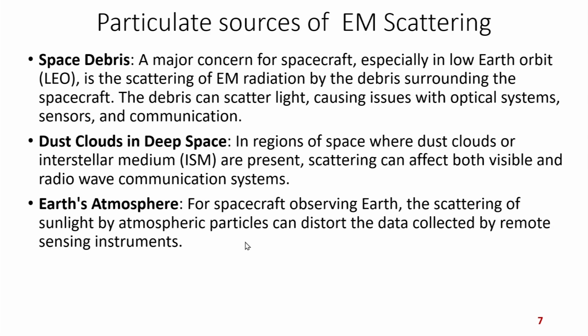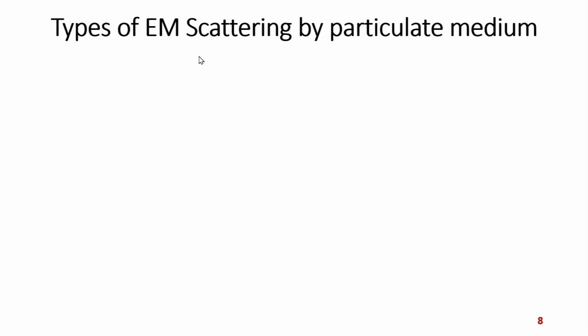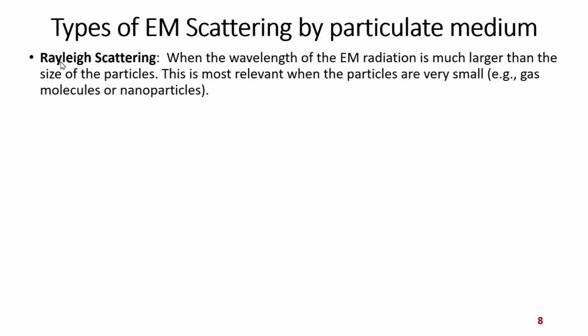The Earth's atmosphere. For a spacecraft observing Earth, the scattering of sunlight by atmospheric particles can also distort the data collected by the remote sensing instruments. Now, we will see the types of EM scattering by a particulate medium. These are the different methods by which this scattering is analyzed.